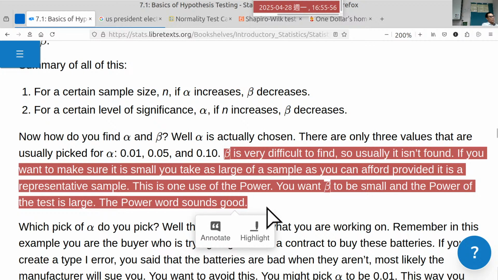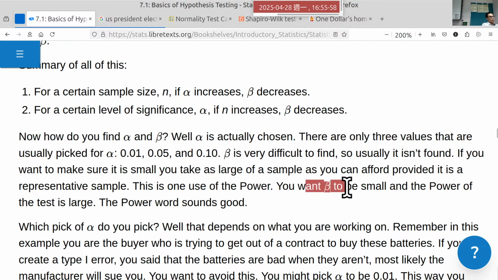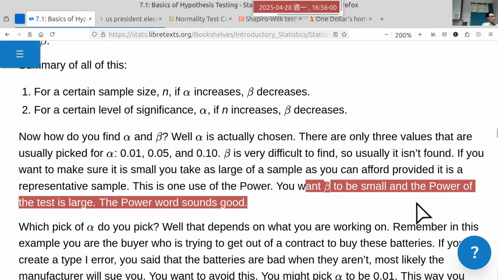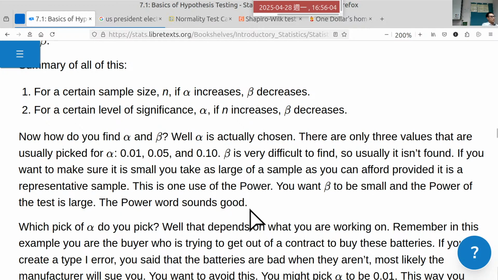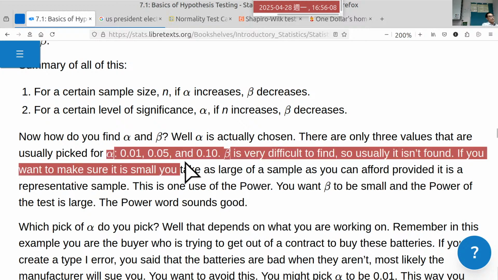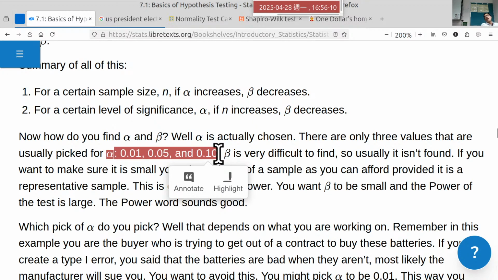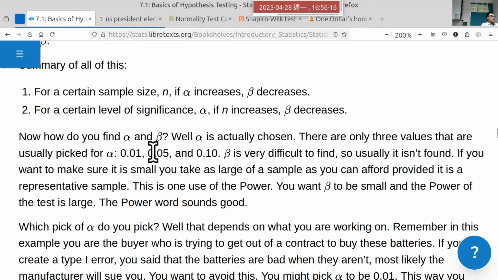This is one of the powers. You want beta to be small and the power of the test to be large. The word power sounds good. Again, generally there are three values of alpha: 0.01, 0.05, and 0.1. Generally, 0.05 is the most commonly used one.